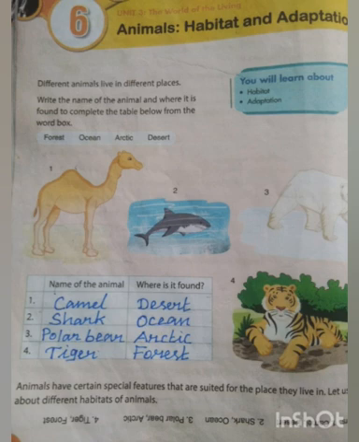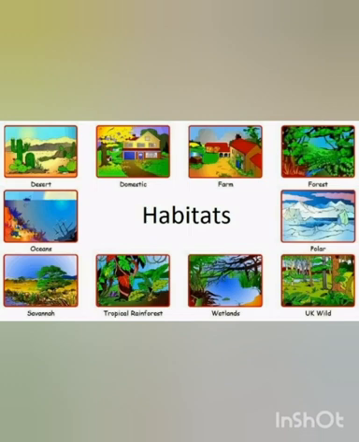Okay. So next is habitat. What is habitat? An area where a particular animal naturally lives is called its habitat. Where do we live? We live in our houses. Where do lions live? Lion lives in forest.